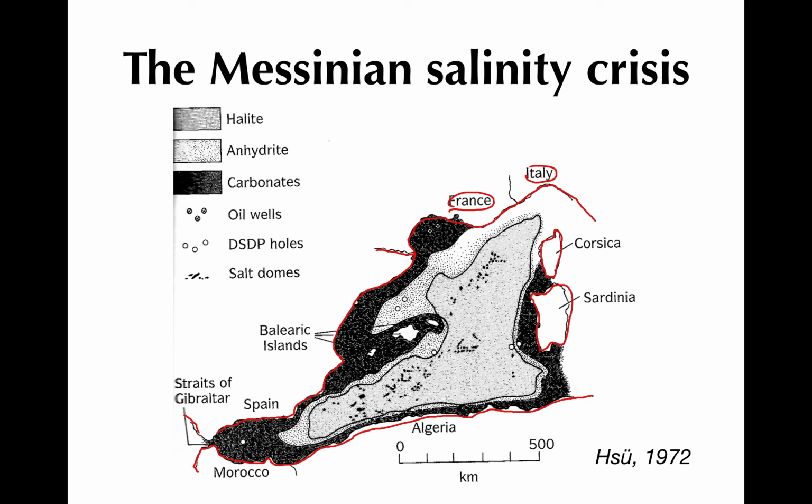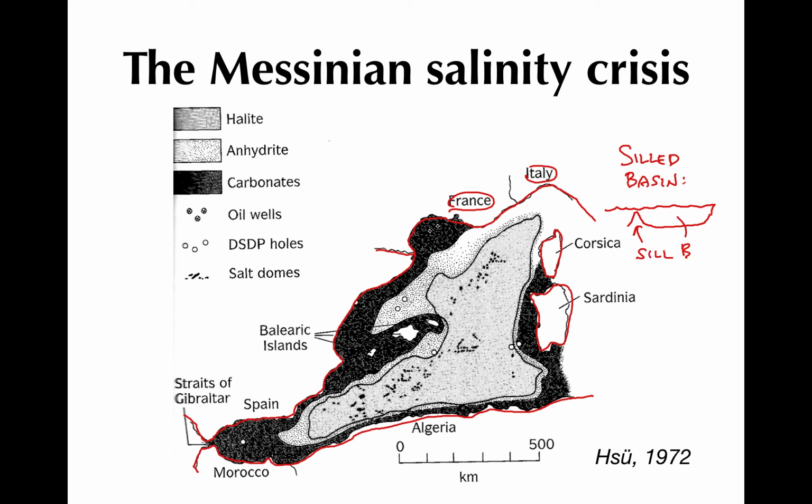The Mediterranean is what's called a silled basin, meaning that it's a sea that is isolated from the open ocean by a barrier or a sill. So this would be our sill.